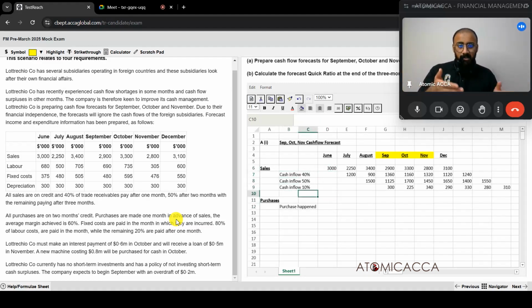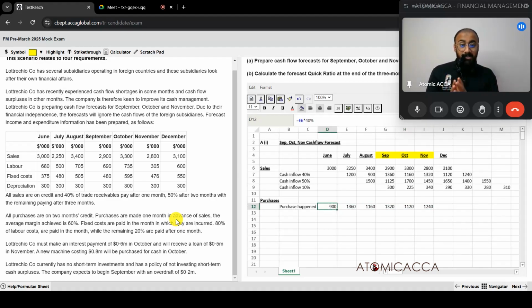Since anyways it is like a previous story, we don't have to be bothered about it. Let's start from July. So the purchase happened will be 2250 multiplied by 40 percent. So there will be 900 purchase that's happening. Same thing if we copy paste for August, September, October, November, December. So these are the figures we have.